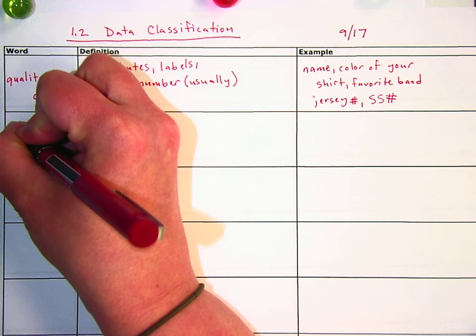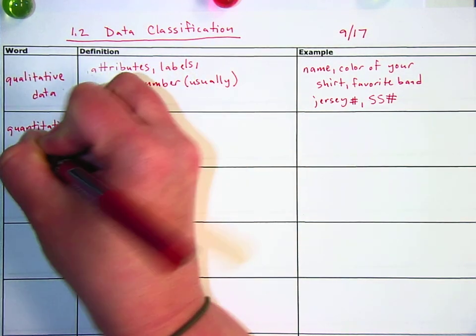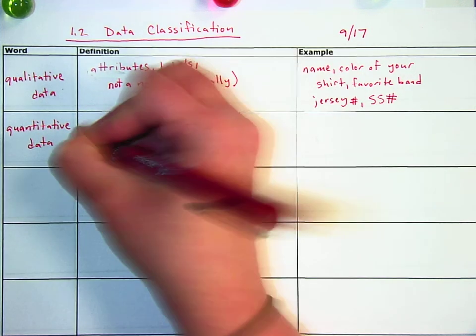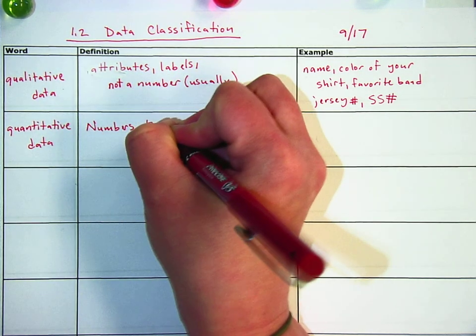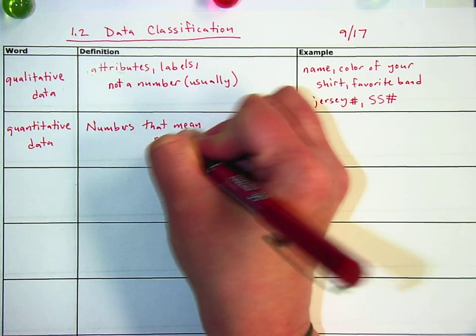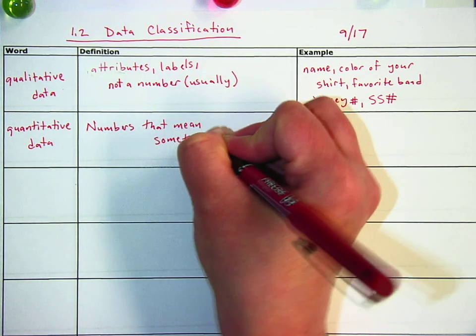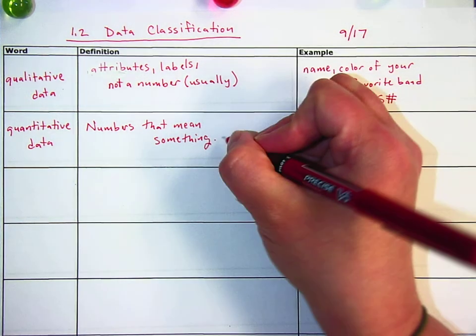The other kind of data is quantitative data. Quantitative data is numbers that mean something, and by that I mean not a label.